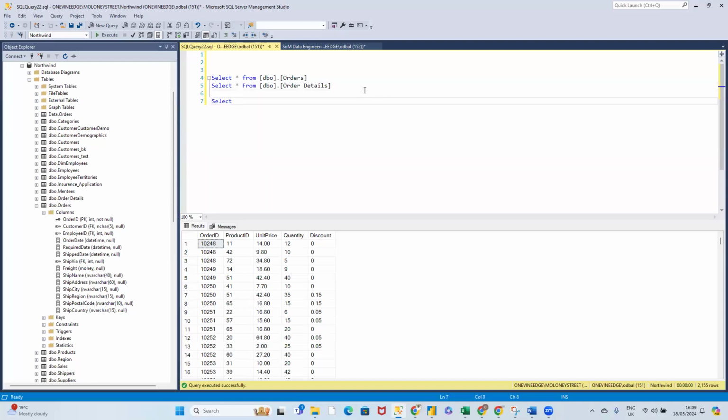Select from the orders table, you have the order date. So let me put this as O. And so that's my order date.